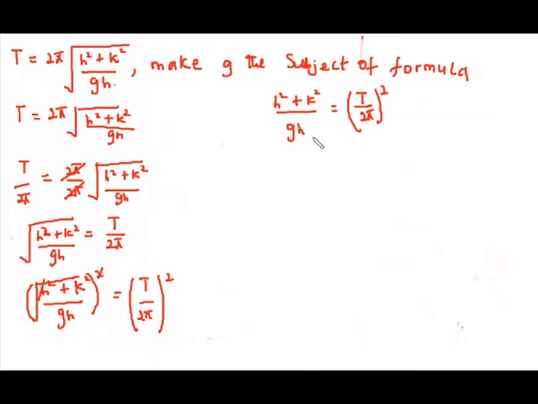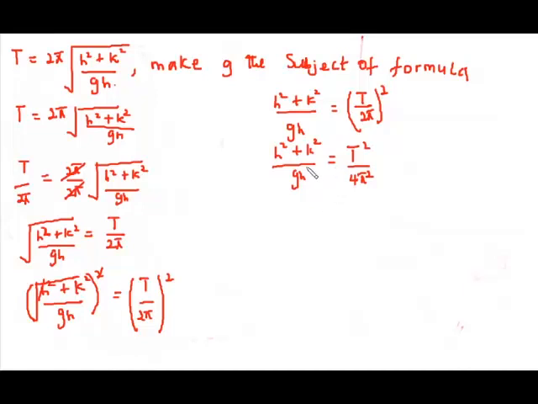So in this case, I could simplify it further by saying h squared plus k squared over gh equals T squared over 4 pi squared, that's 2 pi squared is 4 pi squared.